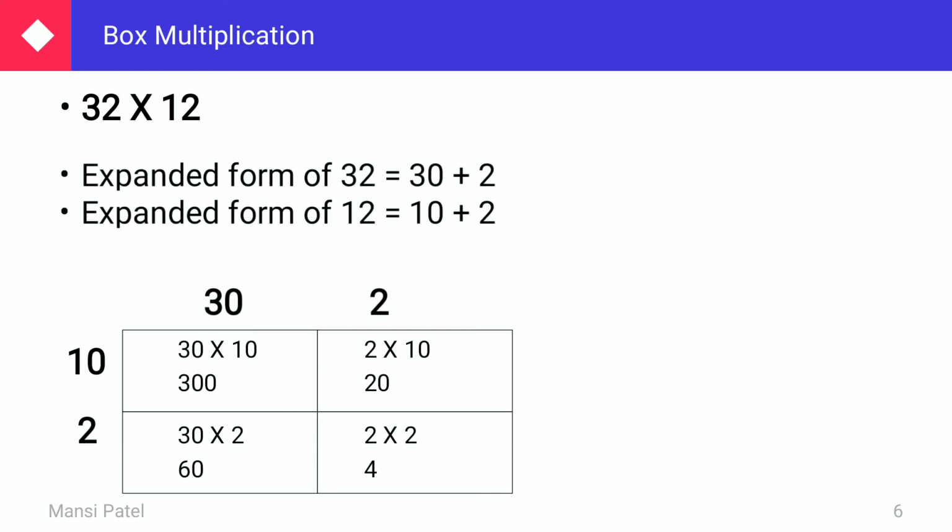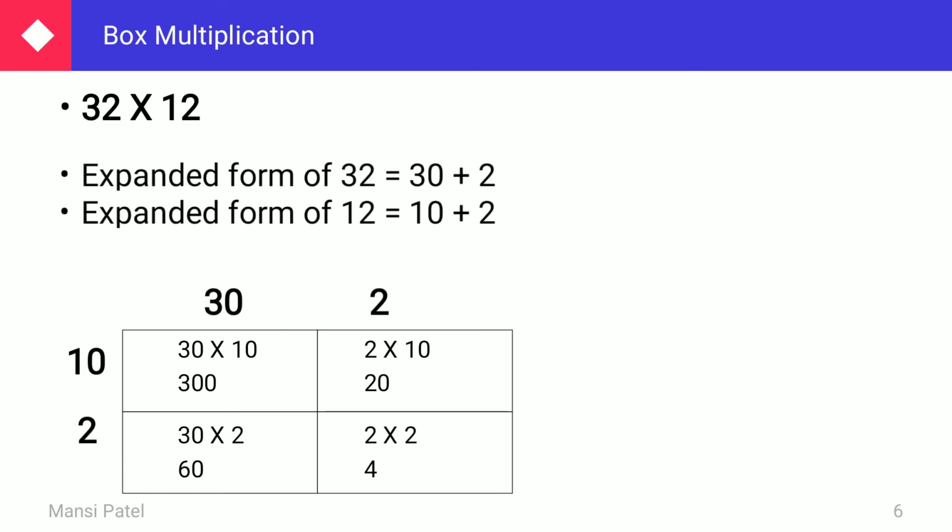Now in the last step, what do we have to do? In the last step, we have to add all the answers of the multiplication. Means what? The answer of 30 multiplied by 10, that is 300. Then the answer of 2 multiplied by 10, that is 20.